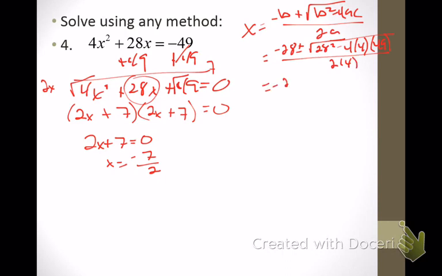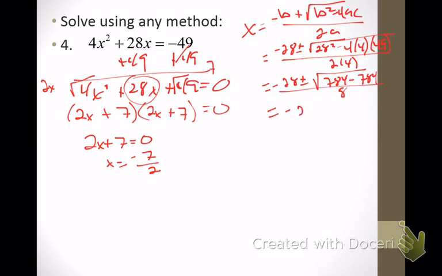Okay, so you get negative 28 plus or minus the square root of, I believe 28 squared is 784. And it is. And if you multiply 4 times 4 times 49, then you also get 784.